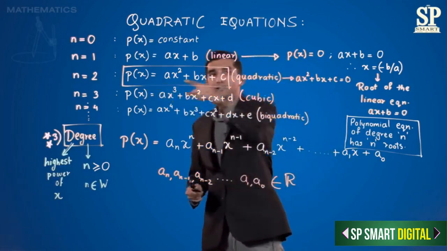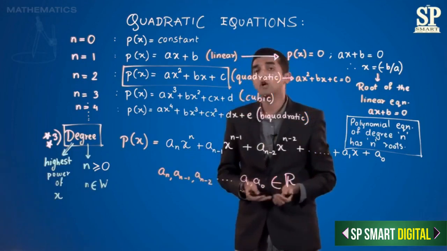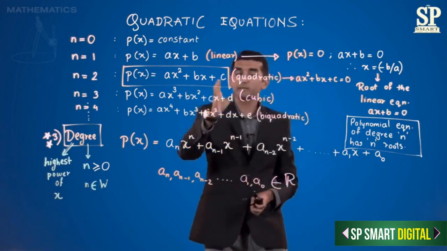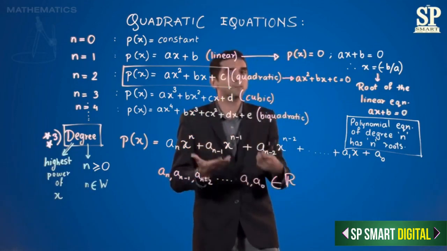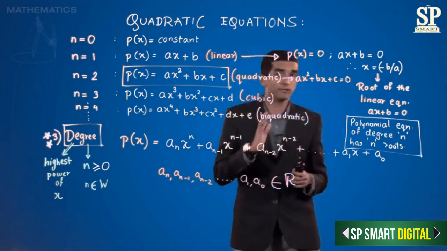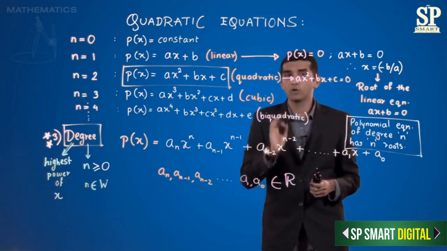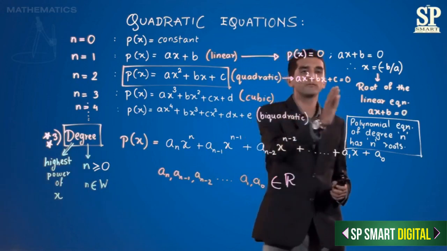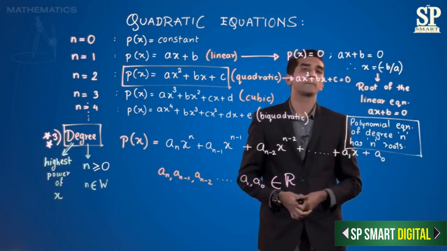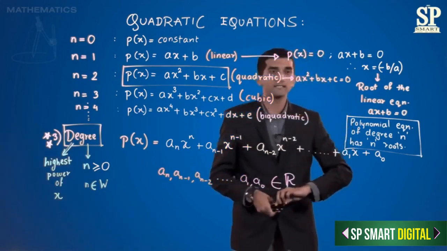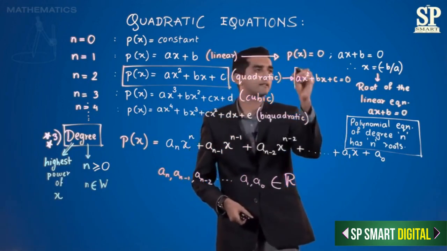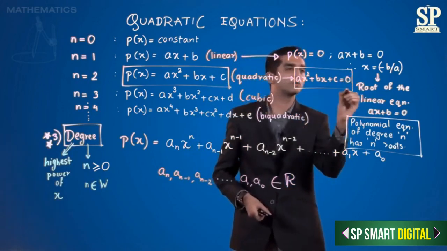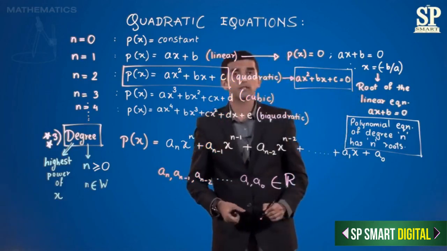This here is a quadratic polynomial, or we can say ax square plus bx plus c is a quadratic expression as well. But when we talk about an equation, a quadratic equation is of this form: ax square plus bx plus c is equal to 0. And this is going to be the most important thing for this particular chapter.